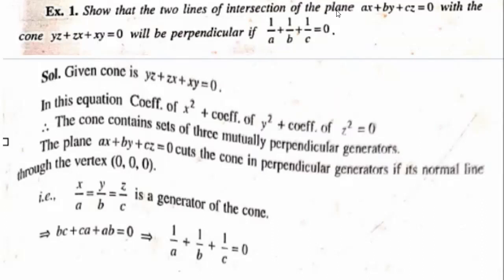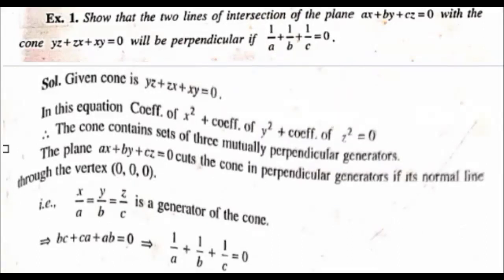So, what is given here? We have a plane, namely, the given plane is ax plus by plus cz equal to 0. So obviously, what is the generator of this particular cone?